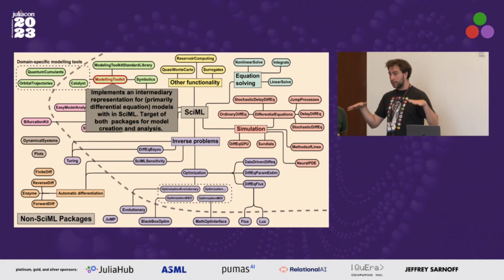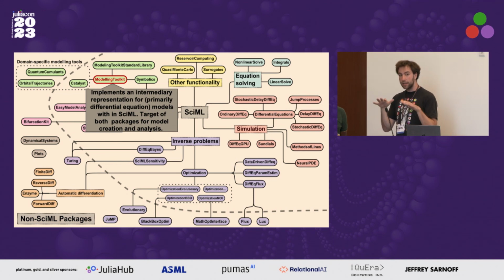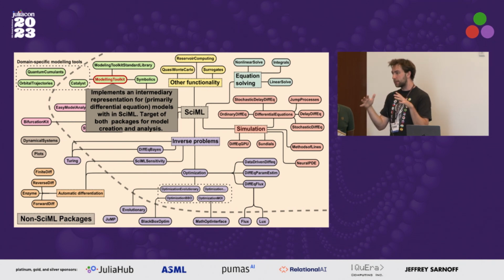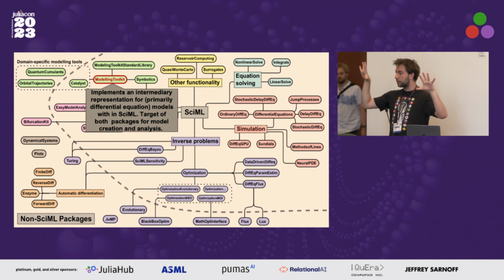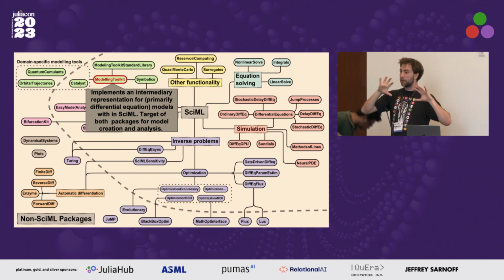And the next one, ModelingToolkit, again does two types of things. The first thing, which again for me is an important one, is that it creates an intermediate representation for SciML models. This is typically a differential equation model. And the idea here is that you have two types of people working within the system. You have people who build modeling packages, which create a model.